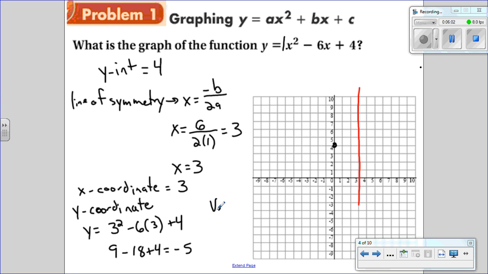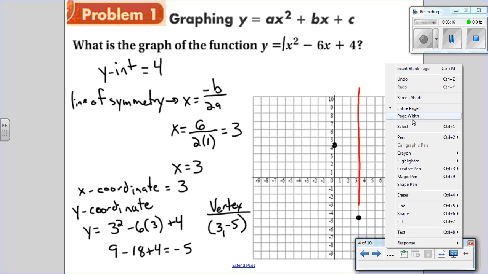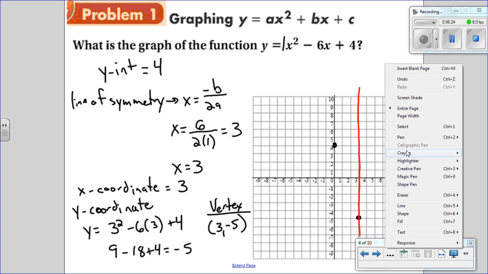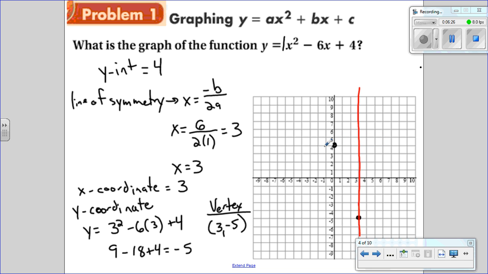So our vertex is 3, negative 5. 1, 2, 3, 1, 2, 3, 4, 5. So here's our other point. I have to make sure that my line of symmetry goes a little bit further. Okay? So now, technically, we have enough for a curve, our parabola.